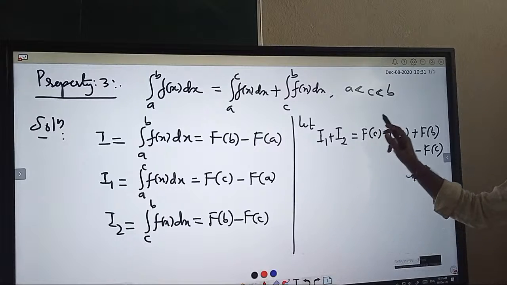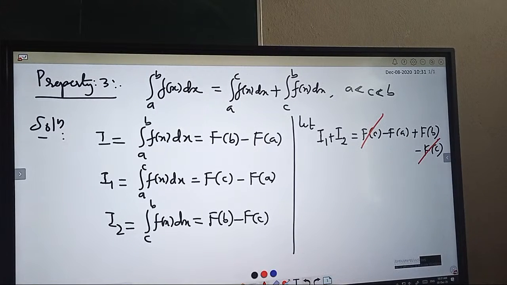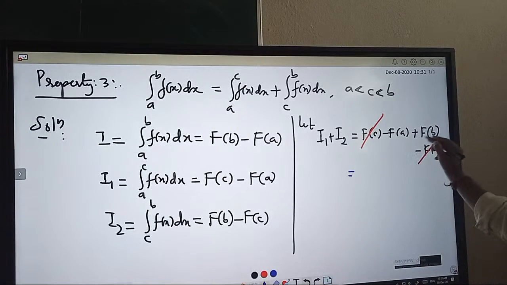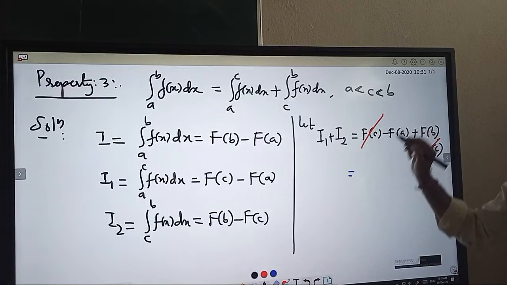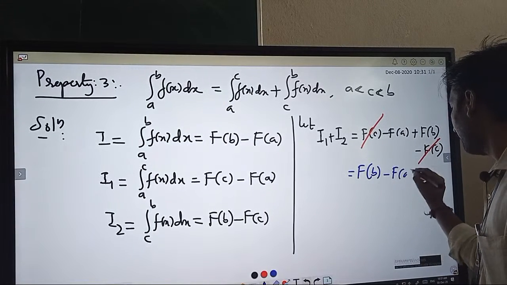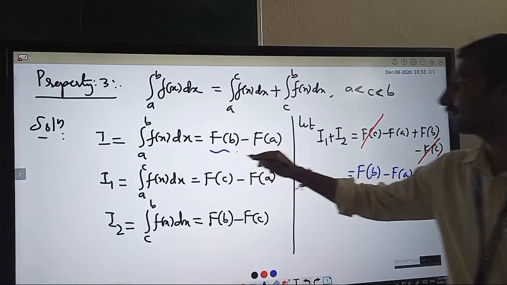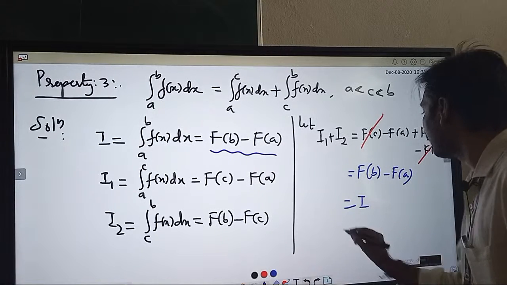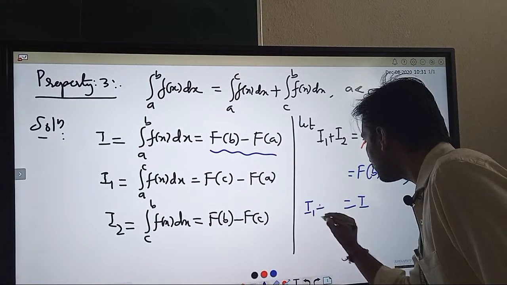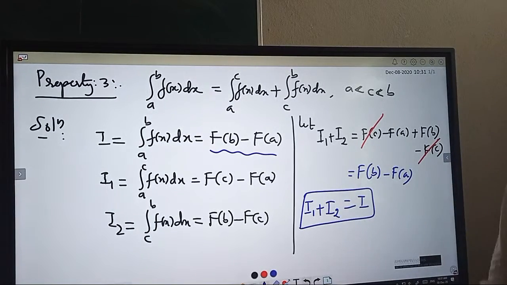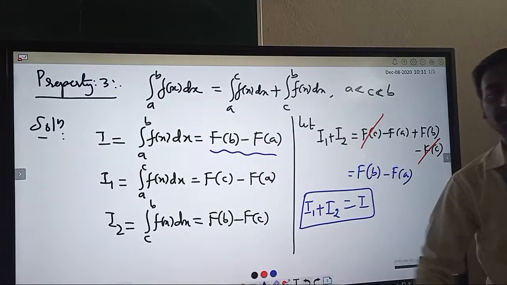I have plus F of c and minus F of c, they will cancel. What exactly am I getting here? Which is equal to capital F of b minus F of a. Does it look like I? So therefore it is I. So I1 plus I2 becomes I.